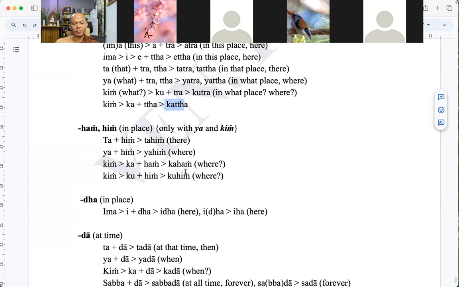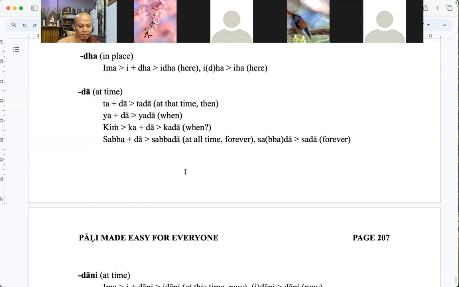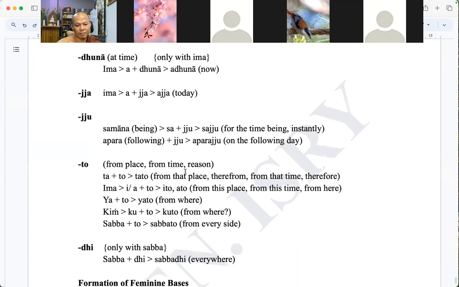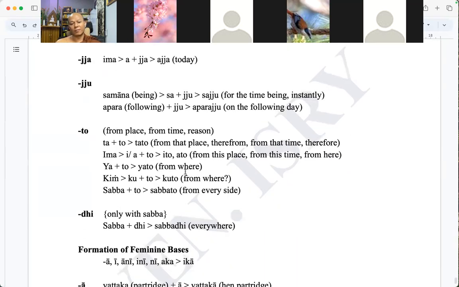For the word everywhere, Bante, it is sabbattha. So sabba goes with the suffix ttha, meaning everywhere. When we want to say every time, sabba goes with the suffix relating to time. No, so tra is actually related to the place.